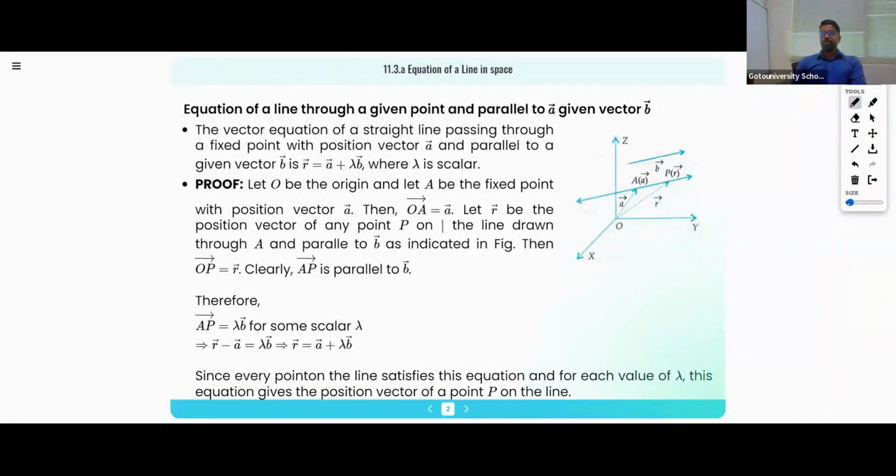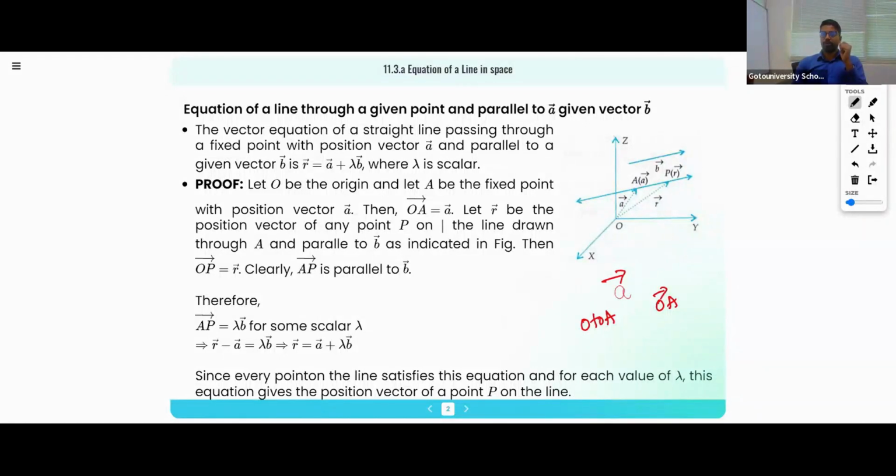Let's understand. Let us take a vector A, not a point, joining the origin to A, like OA as shown in the figure.